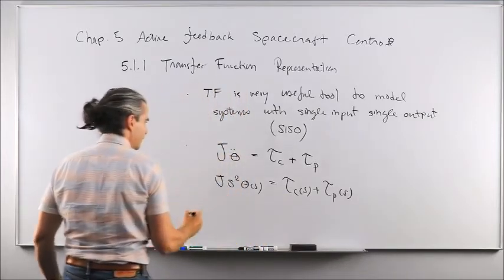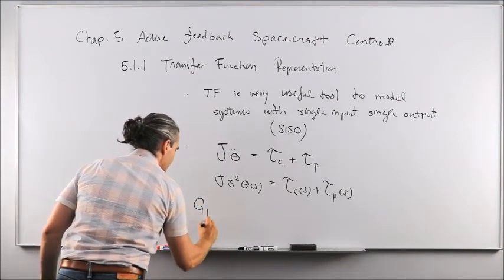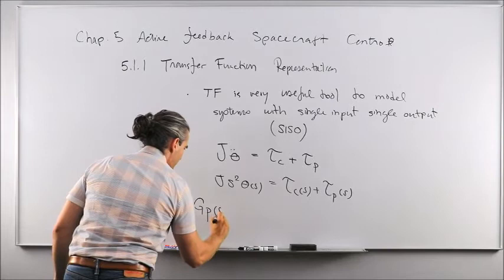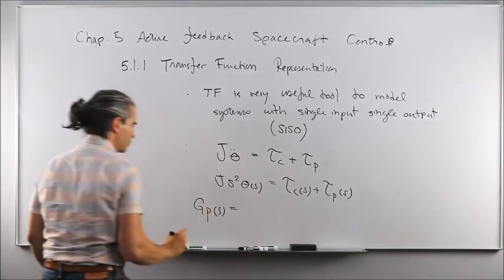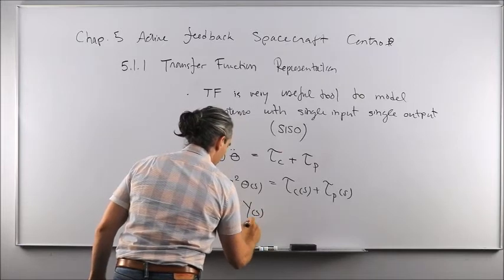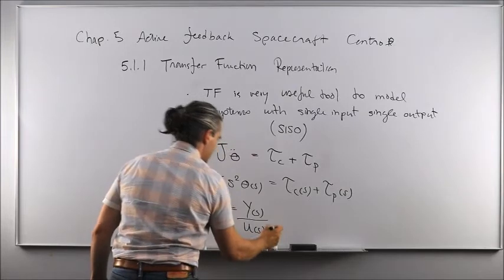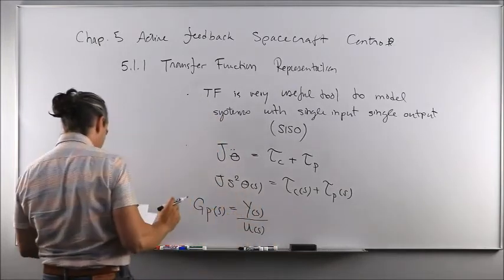Such that we're going to say that the transfer function of our plant will be equal to the output of the plant, Y, in the S domain, over its input. This is the generic way of denoting any transfer function.